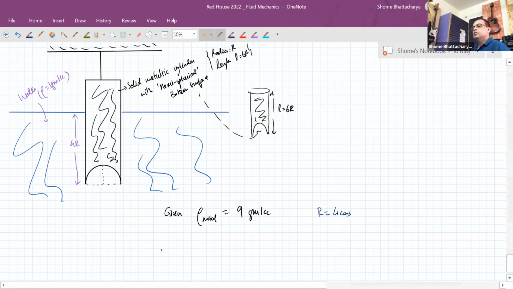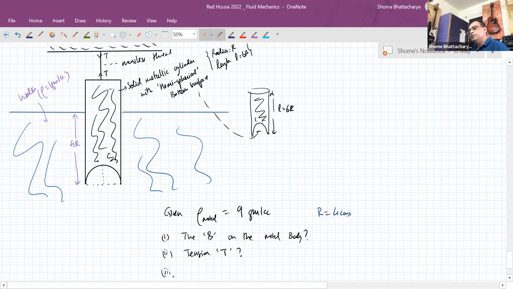So first of all, we have to find the buoyant force on the metal body. Okay. Then we have to find the tension in the thread, this tension. And now we have to find something very interesting.